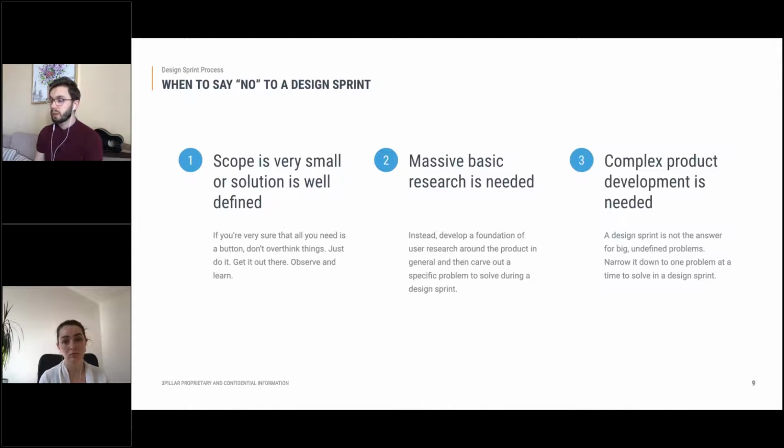So if your scope is large, if your problem has many complex facets, these are not candidates for a design sprint because these problems are too large. So a design sprint can handle a really well-defined problem. It's not an answer for everything, especially big, undefined problems.